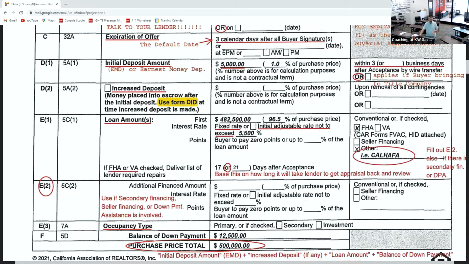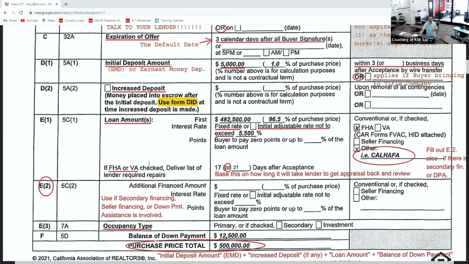Because as you know, especially right now in April of 2022, interest rates are changing dramatically week by week. We have people that were loan qualified last week that now are no longer qualified to purchase at that price. So it can have a major impact on the buyer's financing and the ability to buy.